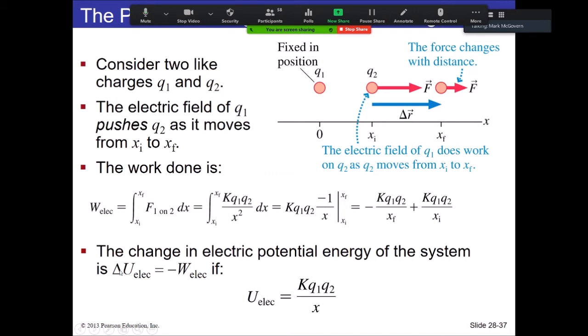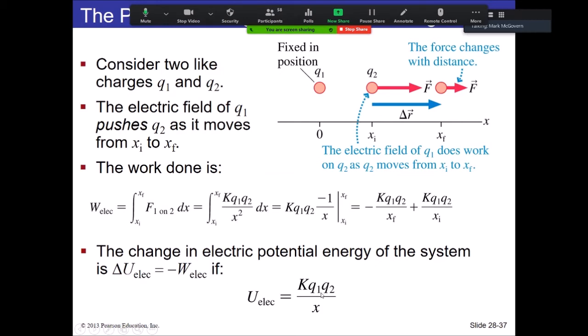Then we make the same statement. For conservative forces, the change in potential energy is equal to minus the work. And this is the expression for work, and it has a differential in it. So by the same logic as before, each one of these terms represents the potential energy of these charges. And the potential energy is k Q Q over x.